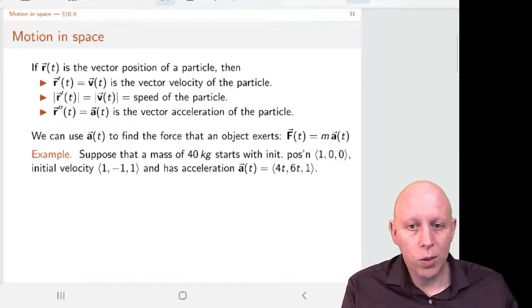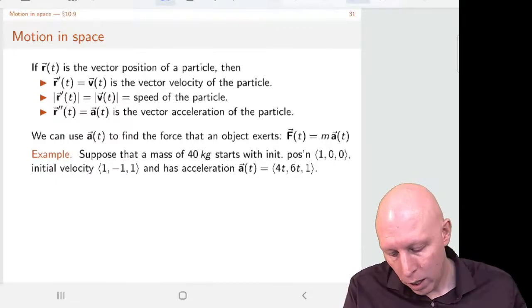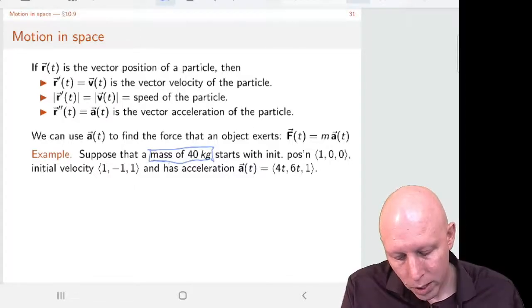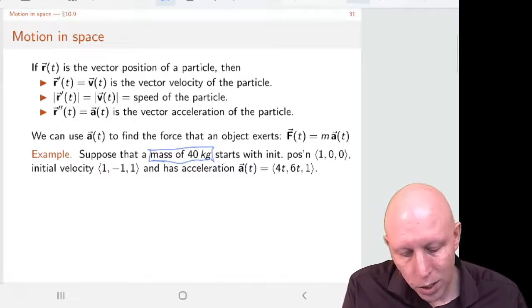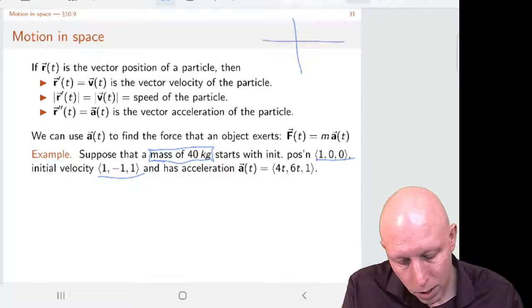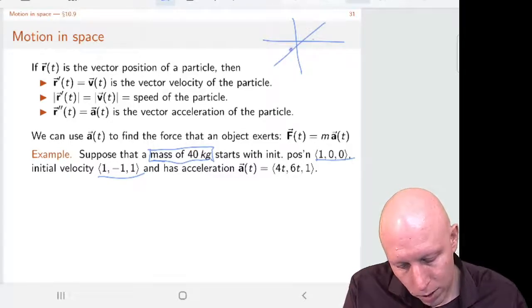So let's do some examples using this. Let's say we have a mass of 40 kilograms that starts with an initial position of (1, 0, 0), and initial velocity. So we're at (1, 0, 0).